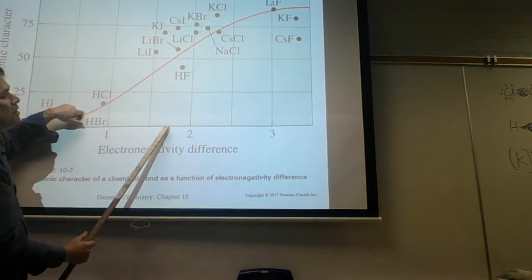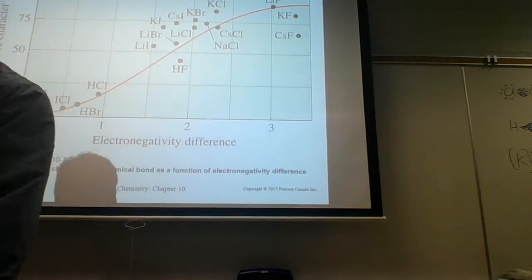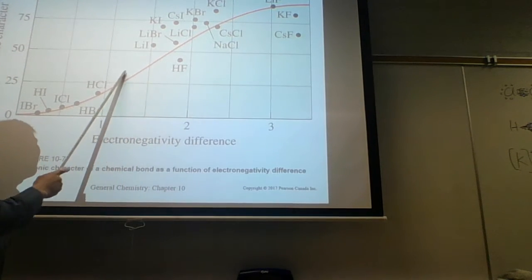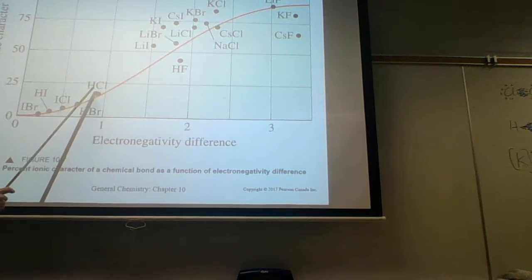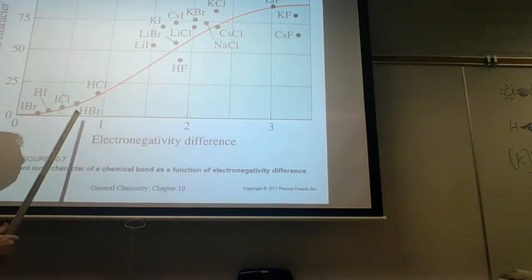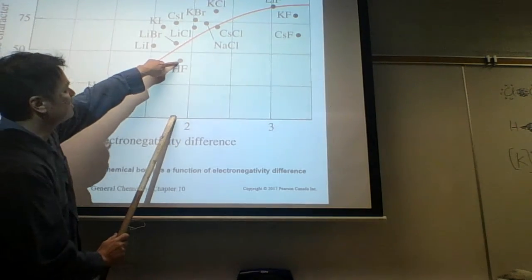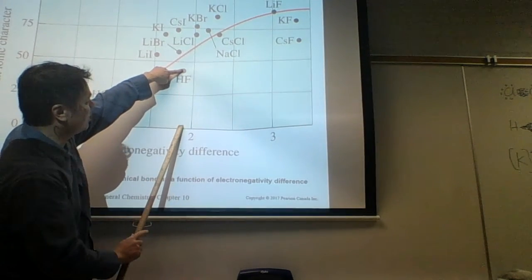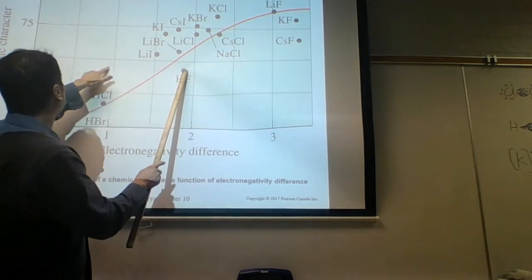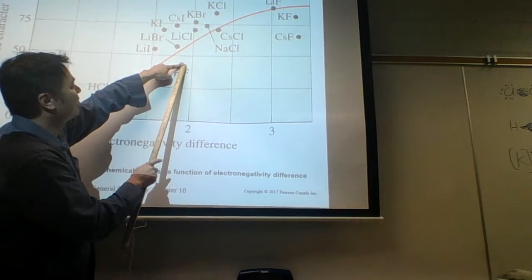However, this is not perfect. What would the R squared for this correlation be? Is it good? It's bad, so these aren't exact numbers. The difference in electronegativity doesn't tell us all, because HF has a difference of about 1.8 or 1.9, and it's only like 45% ionic.